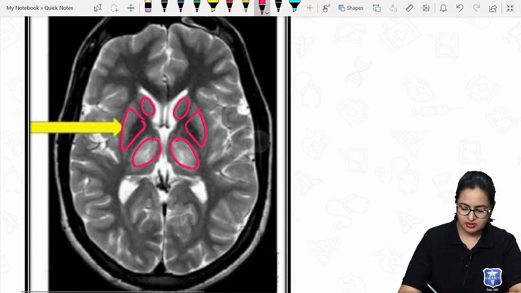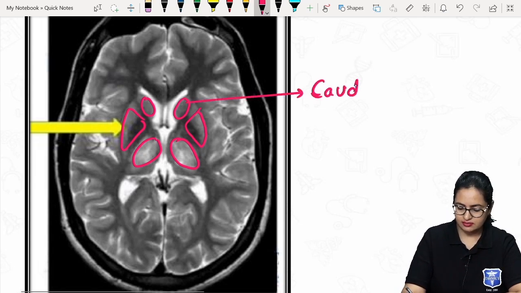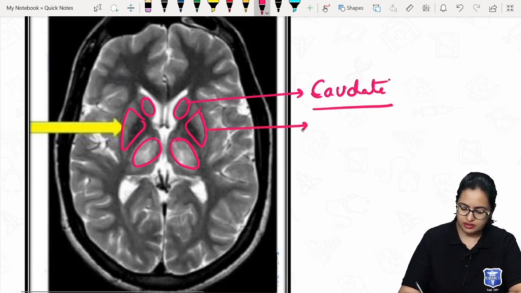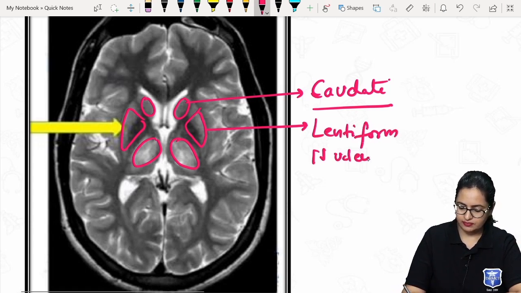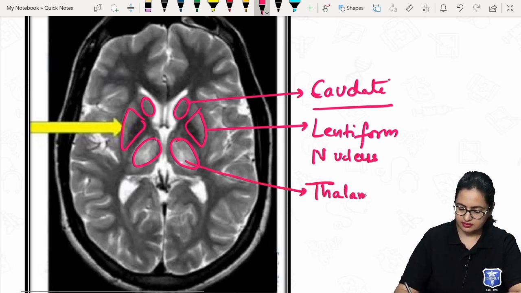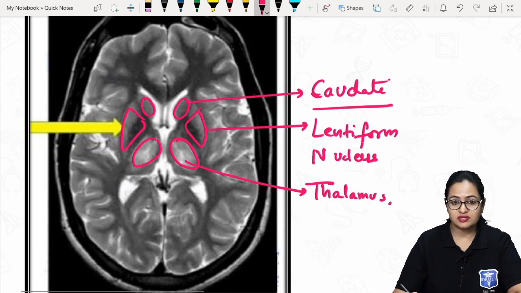Just near this lateral ventricle, we have the caudate nucleus. Then this triangular nucleus is given the term lentiform nucleus, and this oval shaped nucleus is the thalamus.